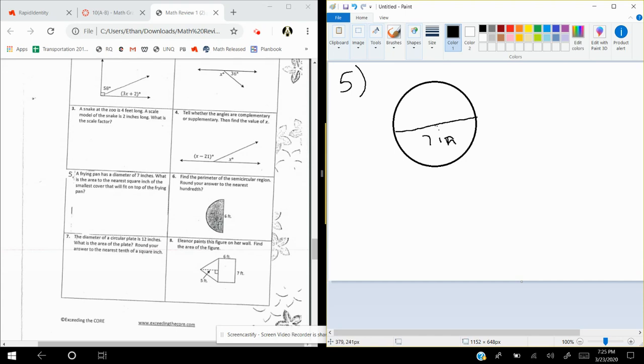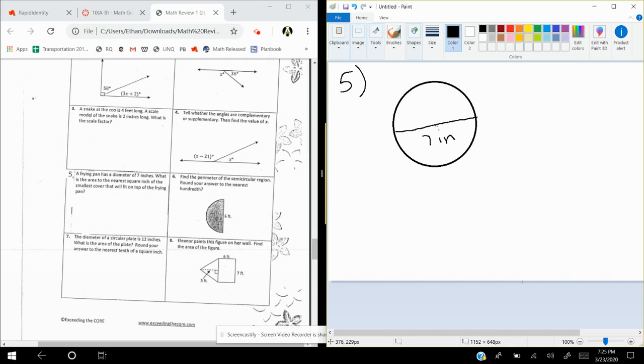Now it's asking for a cover. I keep trying to fix this here and it's just not working. A cover, think of it like a hat, like a pot lid.